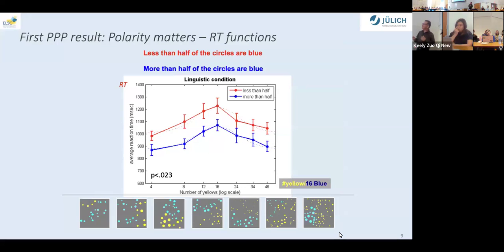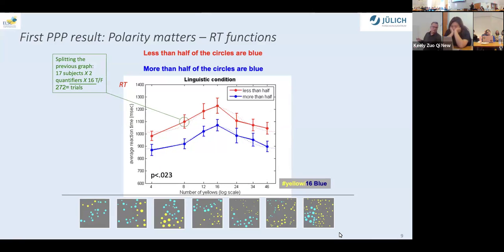In a minute we will see many more results, but you can basically see that for each proportion, each of these data points stands for a lot of trials. Many subjects, many trials. It's a solid experiment. You can see error bars here.